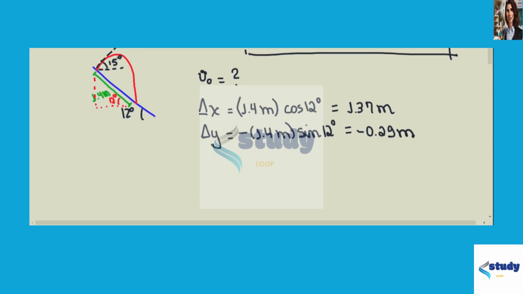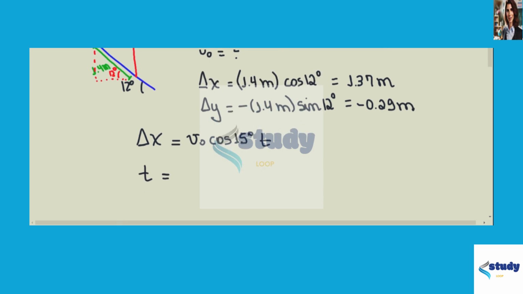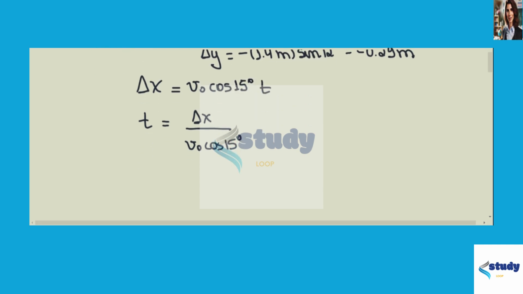Okay, and then I'm going to take our equations. So for the x direction, we have that delta x is v0 times cosine of 15 t. I'm going to isolate t in this equation. So t is equal to delta x divided by v0 cosine of 15. And I'm going to insert this equation for the time into the equation for the y direction.